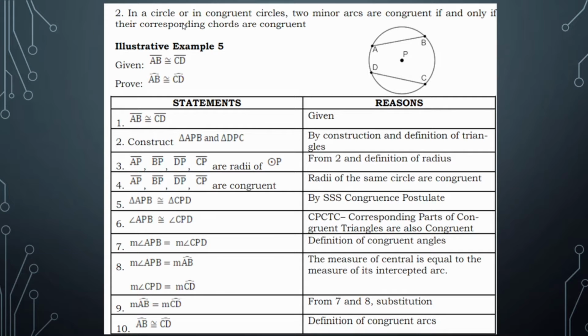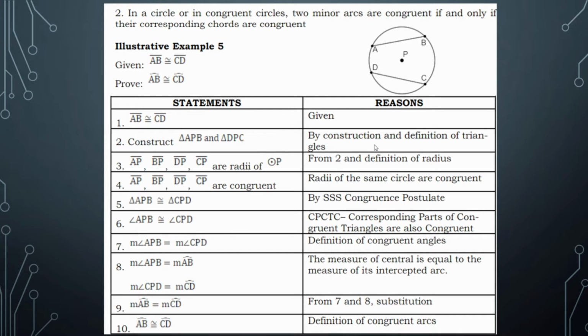Okay, in a circle or in congruent circles, two minor arcs are congruent if and only if their corresponding chords are congruent. So line segment AB is congruent with line segment CD, and we need to prove that arc AB is congruent as well with arc CD. Now, this is the given.